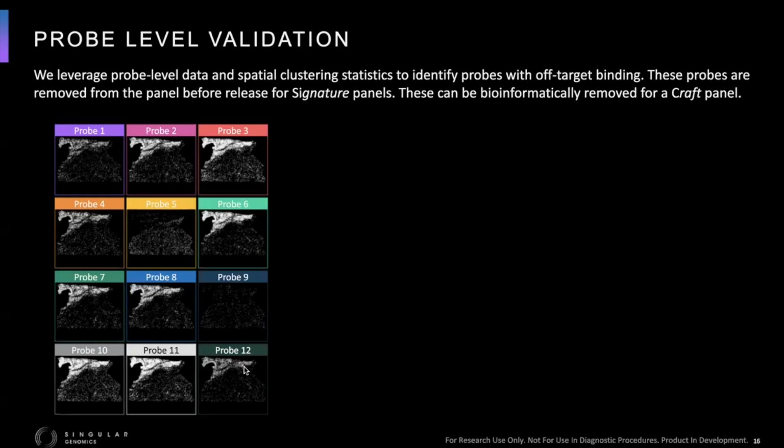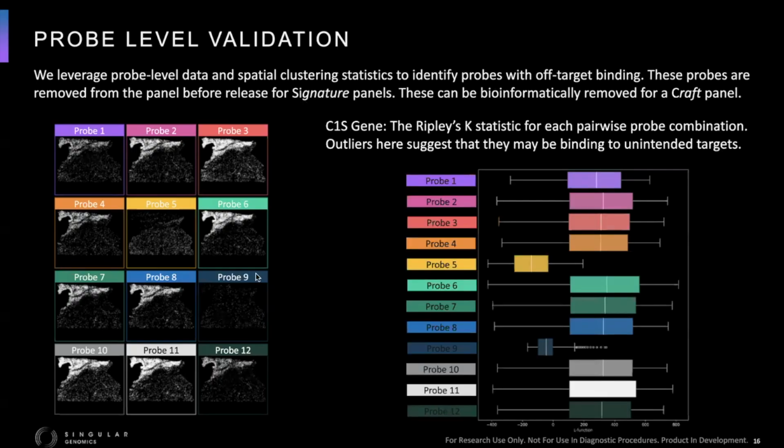Here we're showing 12 different probes across a single gene called C1s. You'll see distinct spatial localizations of almost every probe, but you might notice that probes 5 and 9 are distinctly different from the rest. Visually, this is obvious, and to us, this indicates that there's likely an issue where these two probes are not having the specificity to our intended target that we hoped.